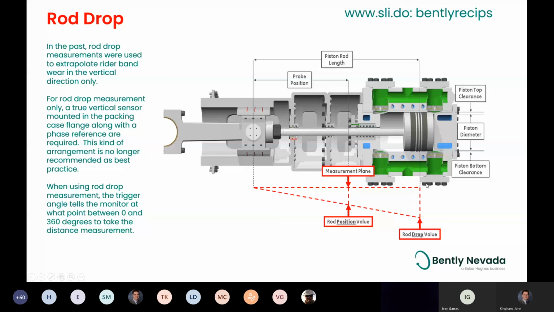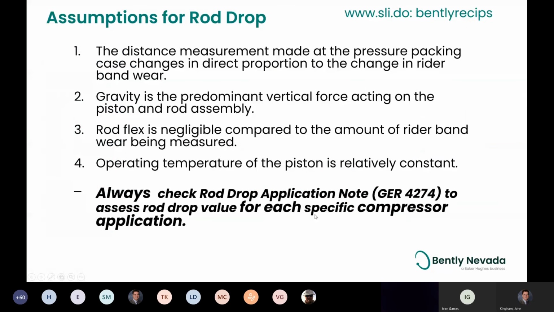We're inferring that, through similar triangles, we have this much movement at the piston. But what happens if there's some movement here? Maybe we've got a worn crosshead and it's dropped. So is it piston movement? Is it crosshead movement? We don't know.